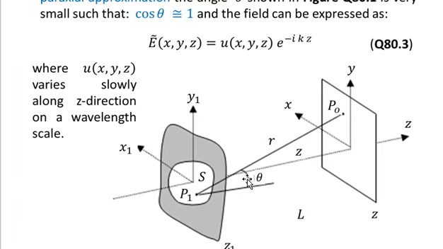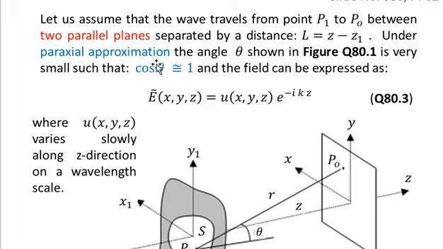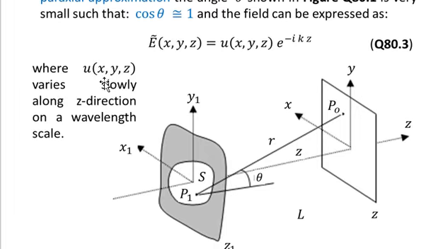So you can see that the paraxial approximation means that this theta angle is so small that we can approximate cos of theta as equal to 1. We are performing this calculation under the paraxial approximation, and we have also written equation number 3 under this approximation, where we have assumed that the field u of x, y, z varies slowly along the z direction on a wavelength scale.